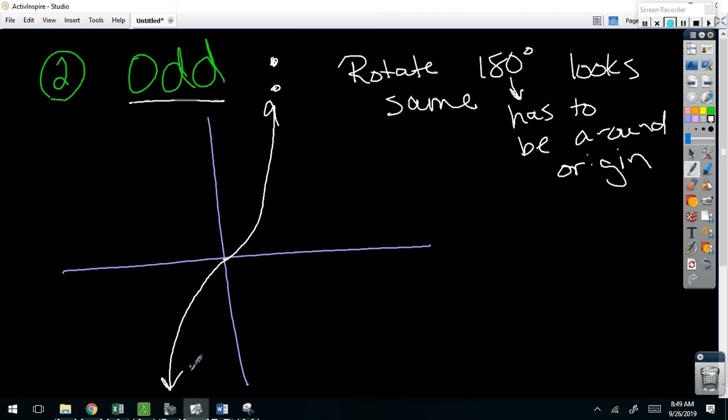If you did flip it upside down, it would look exactly the same. Think about it like there was a pin in the middle that you could spin this around, and it would look exactly the same. You see what I'm saying?